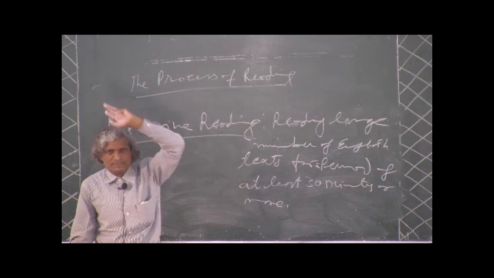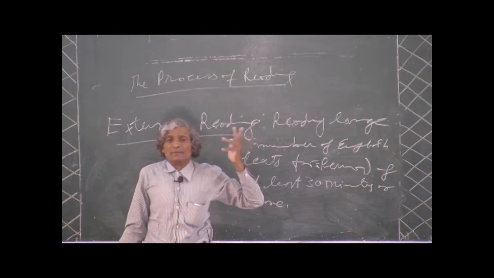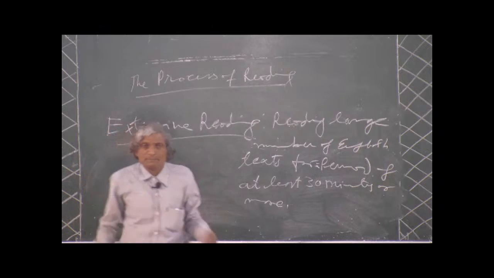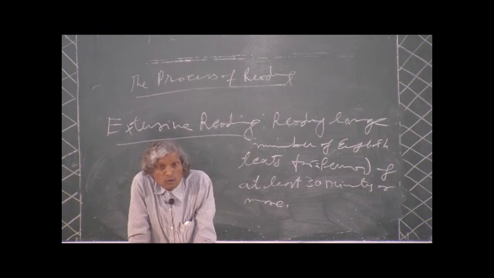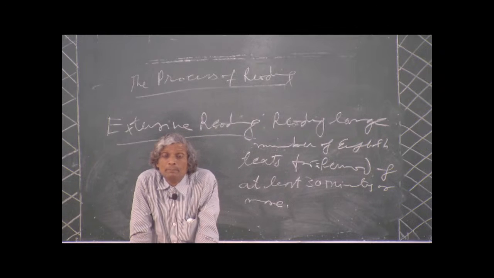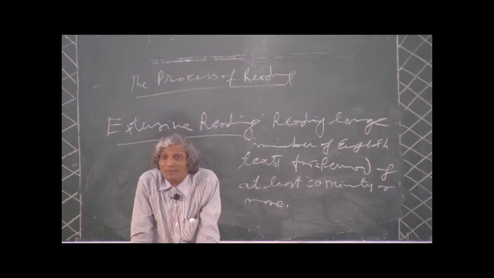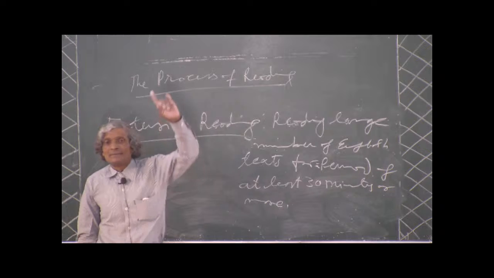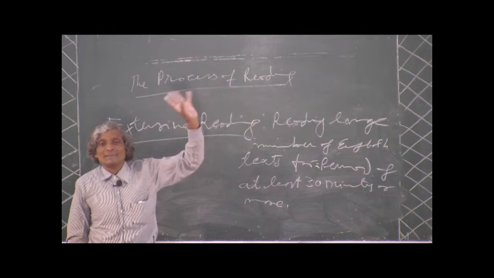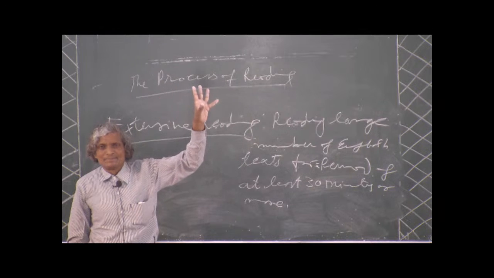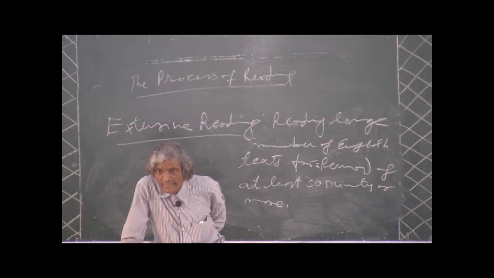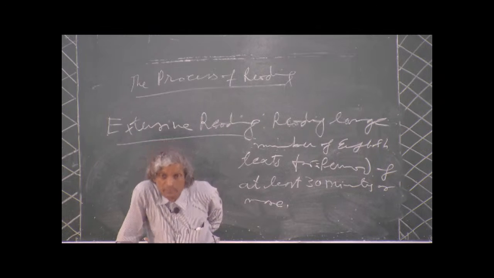The villagers returned. The next day he again cried wolf, and they came again. He repeated the same a third time. On the fourth time the wolf really came. The shepherd boy cried, but no villagers turned up because they thought he was telling a lie. So the reading of this story is called extensive reading.